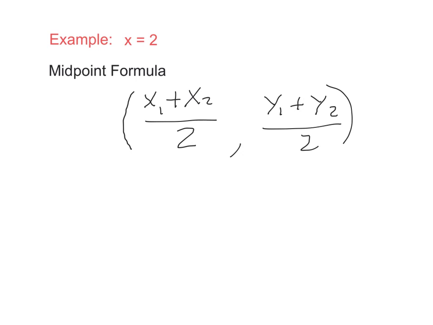So if we have two points, we can find the coordinates of the midpoint by simply saying x1 plus x2 over 2 and y1 plus y2 over 2.